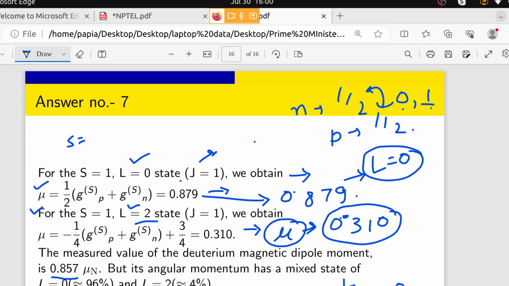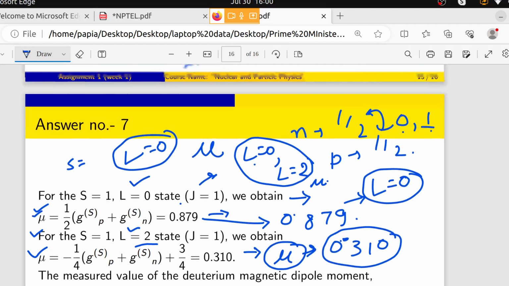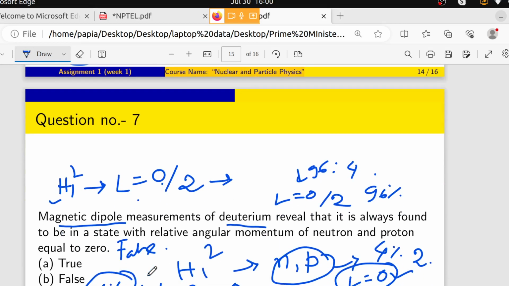With the help of these mu values, we can see that only L equals 0 is not responsible for giving the total mu value. L equals 0 and L equals 2 together are responsible for the actual magnetic moment value of deuterium. So the statement in the question, that magnetic dipole moment measurements of deuterium reveal it is always found in a state with relative angular momentum of neutron and proton equal to 0, is not correct.